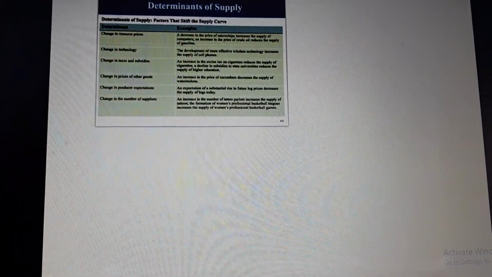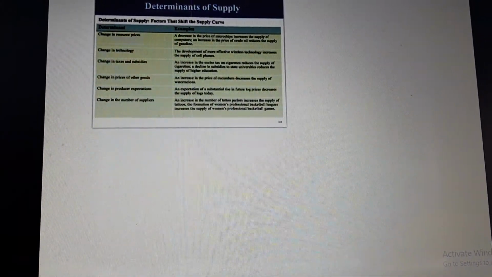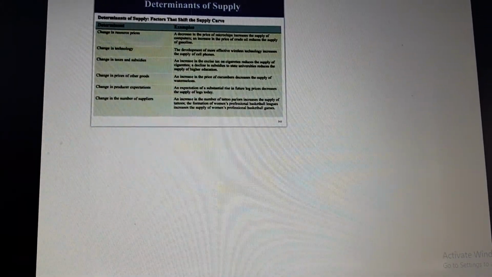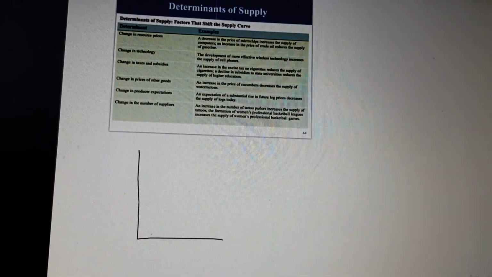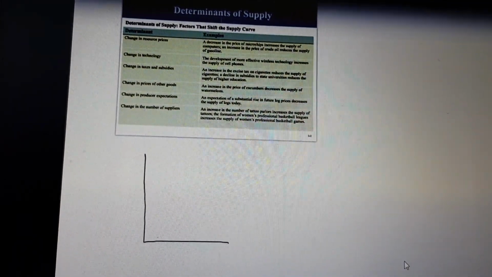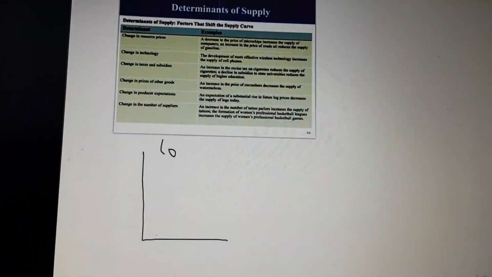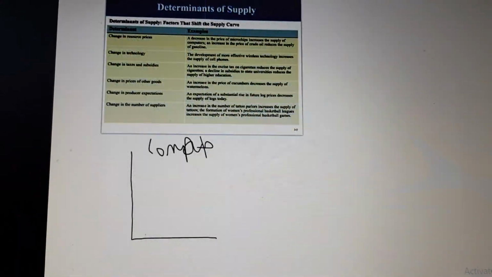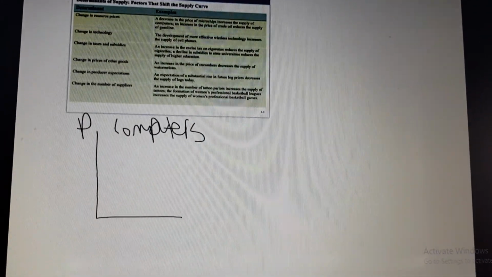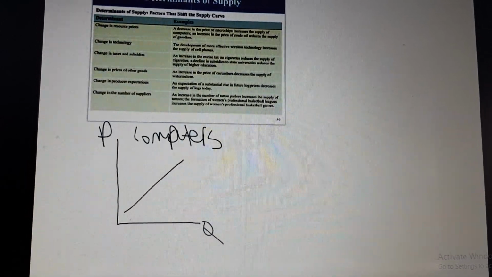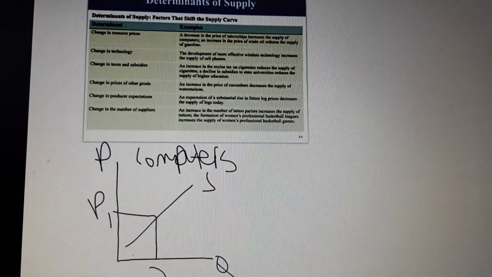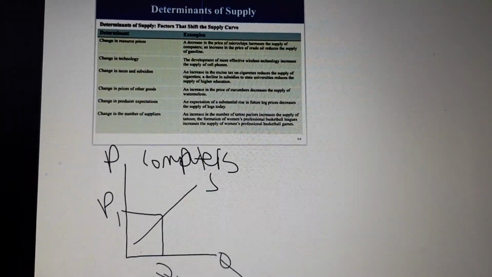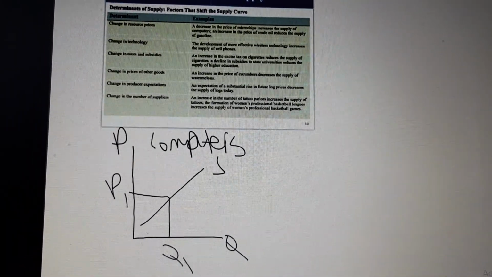Let's work through a couple of examples here. So, a change in resource prices. Okay, a decrease in the price of microchips increases the supply of computers. So this is supply and demand of computers. Microchips are considered an input. They are part of a computer.